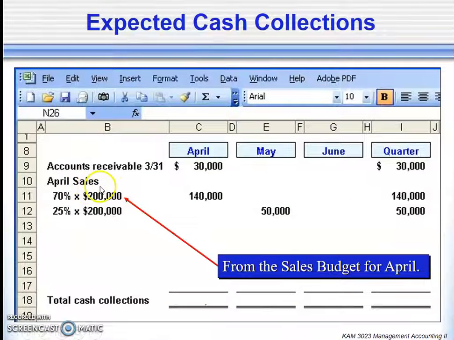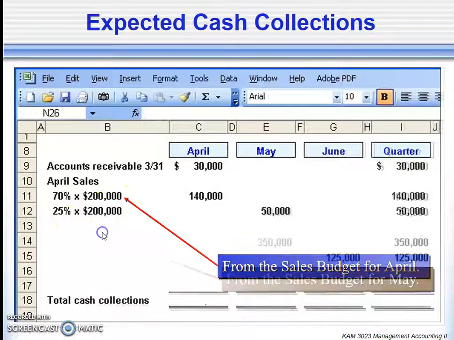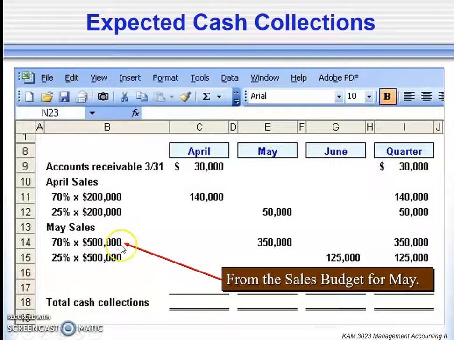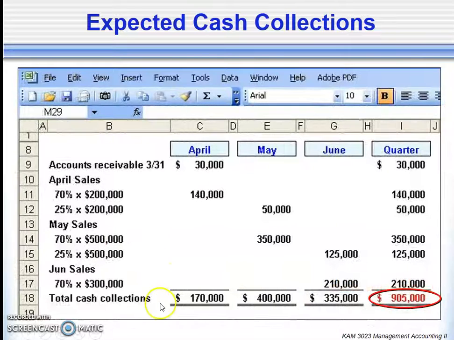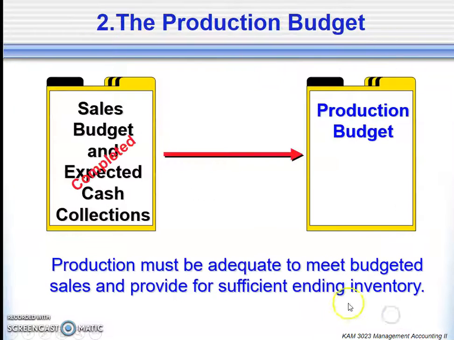And the April sales from the sales budget for April, 70% in the month of sales and 25% in the following month. Okay, so it's May, June. So we get the total cash collection, 905,000.